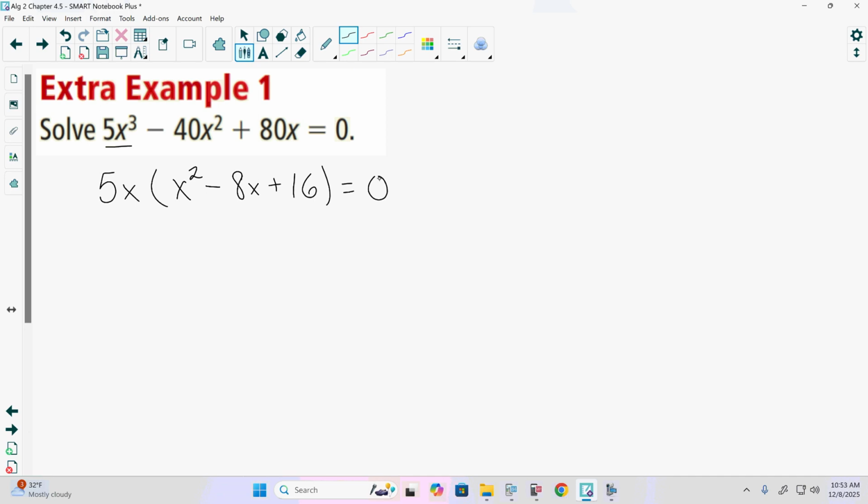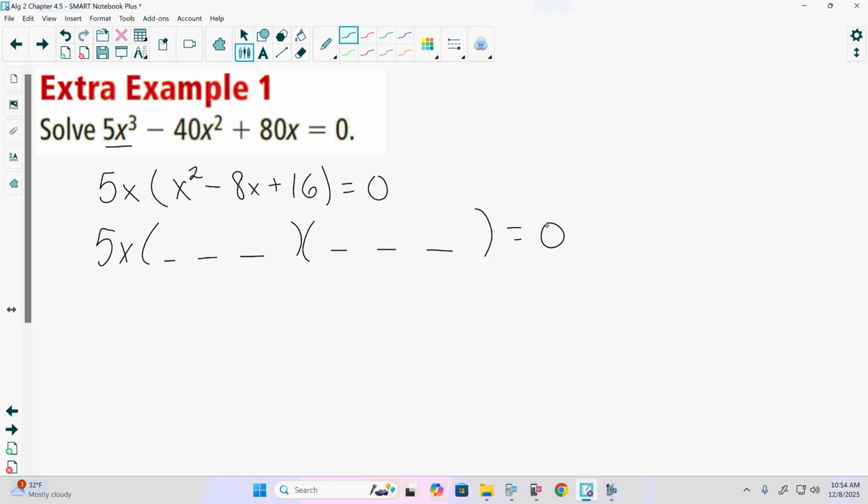And x divided by x simplifies out. Now we're going to go on and factor x squared minus 8x plus 16.